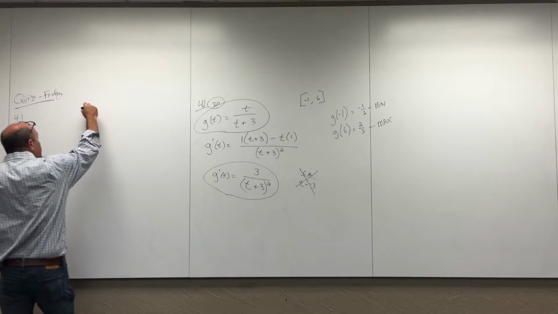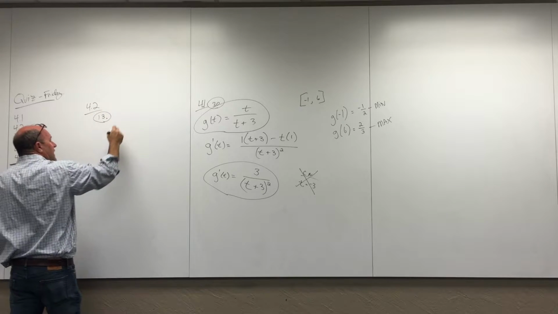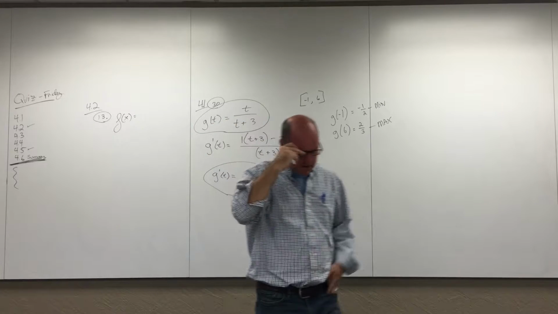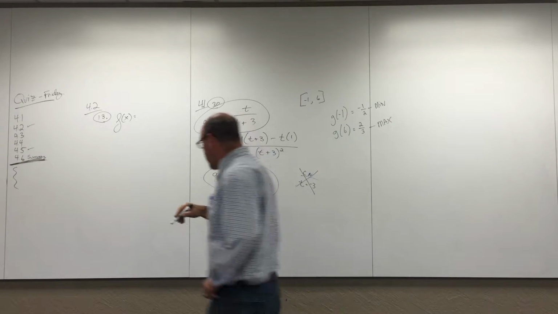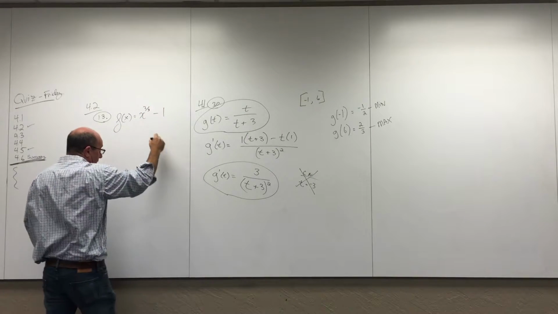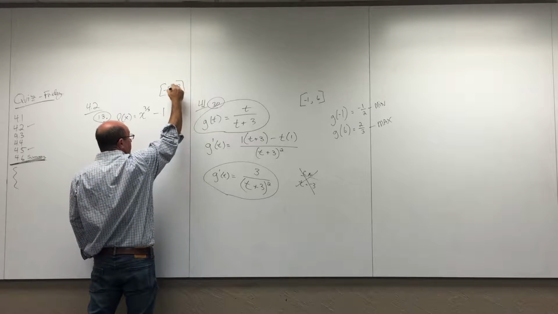It gives me a function, and I actually assigned this one to you: x to the 2/3 minus 1. Again, I'm working on a closed interval, -8 to 8.